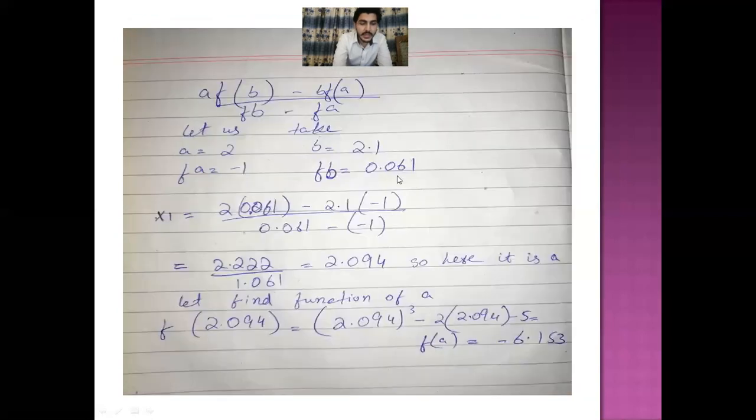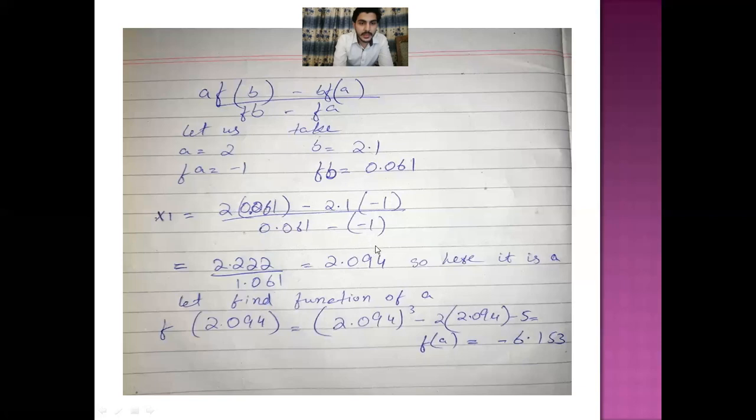So here we are. So now we are putting our values in this formula, a 2 and our function of b is 0.061 minus 2.1 and the function of a is minus 1. So also here the b function and the a function, okay.